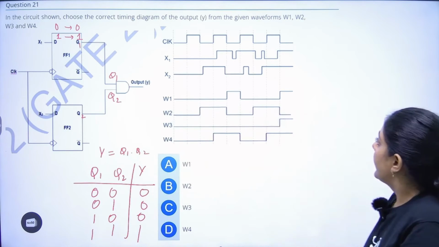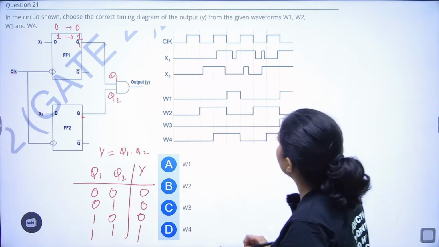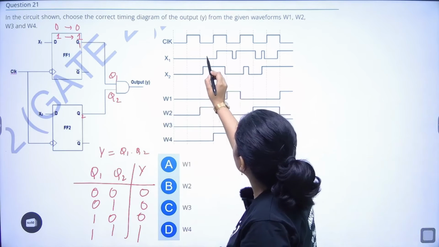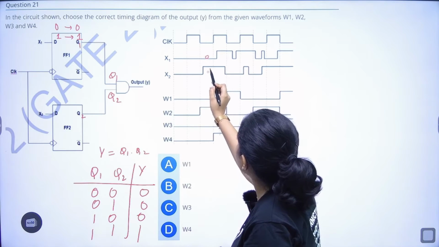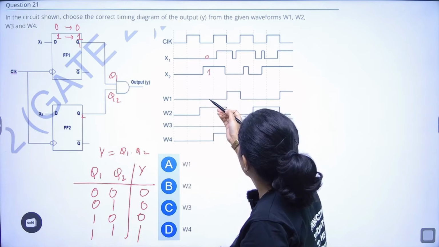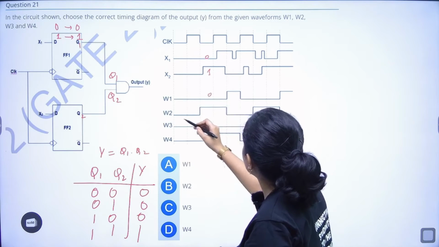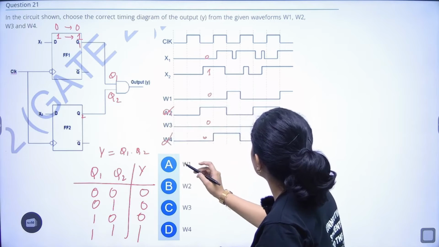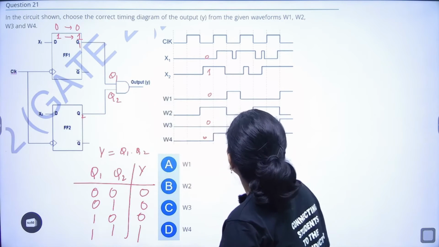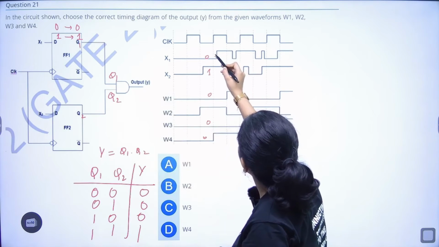Now you have to see. It is 0, it is 1, and the output should be 0. So it is 0, it is 0. Yeah, these are rejected. This is also 0 till here. It is 0 here.